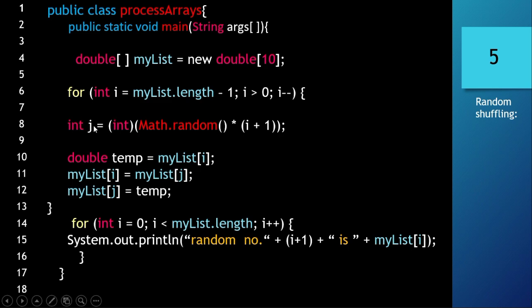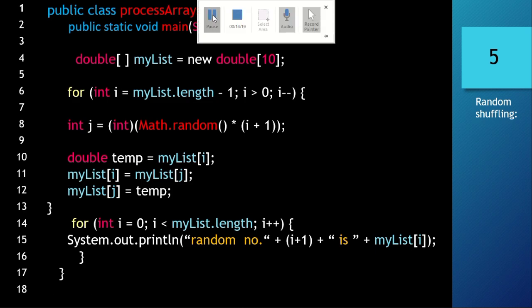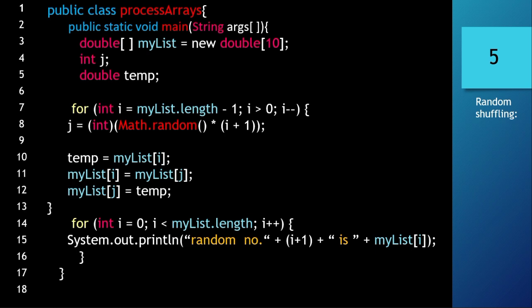This int j is supposed to be initialized on the outside of the for loop, and then you just say j. I'm sorry for the mess up. So I think right now you can just make the edit, or let me just edit it real quick. Okay, so now that I fixed the errors, there were some errors within my code that would cause the program not to run. So that error has been fixed.